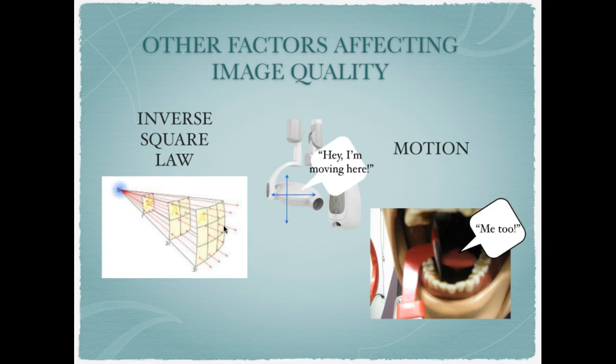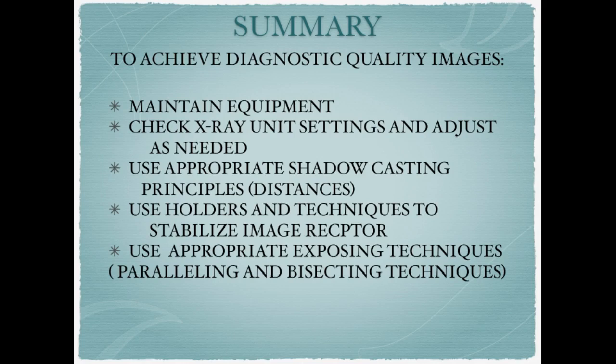And don't get hung up too much on the inverse square law. Just know that if your PID is farther away from your object and your image receptor, then in order to get a clear image you would need more radiation, so you would expose your patient more. So that's why we want to keep our PID close to the face and our image receptor close to the tooth. So let's review.